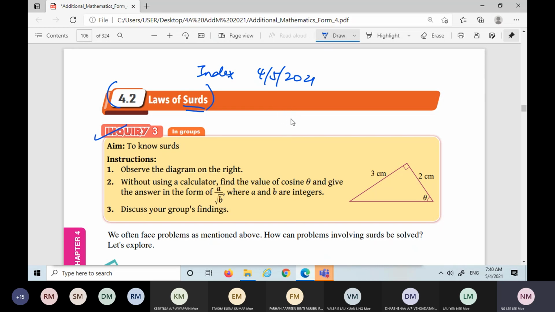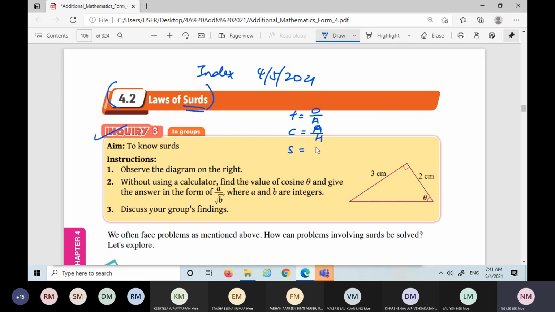I hope that you memorize the tangent, sine, cosine keywords. We always memorize using keywords: SOH CAH TOA.